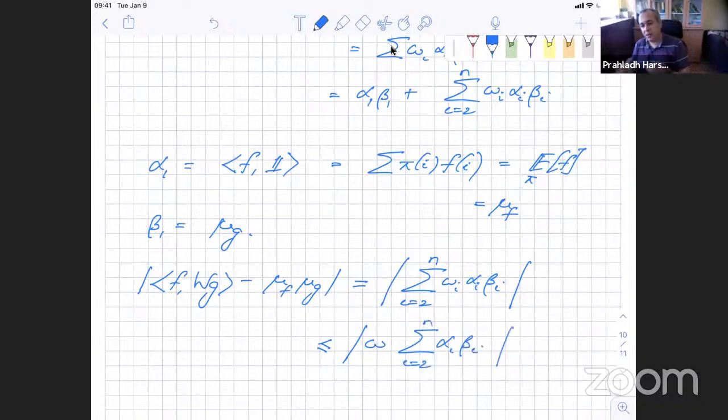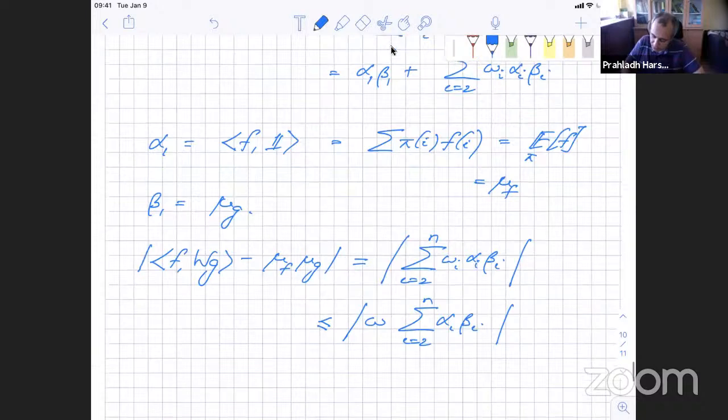Omega is the largest absolute magnitude if you knock off the first term. Therefore, this is less than or equal to omega times the summation i equals 2 to n of alpha_i beta_i.